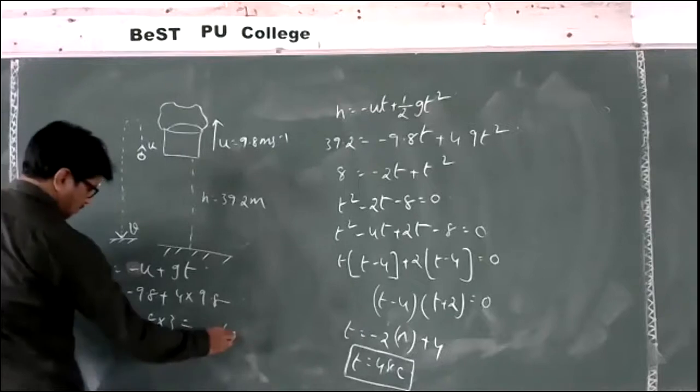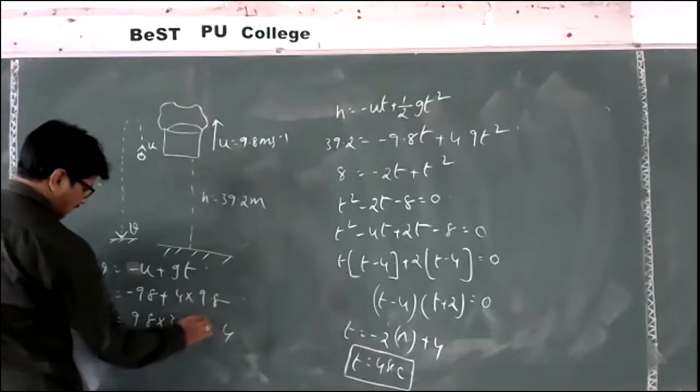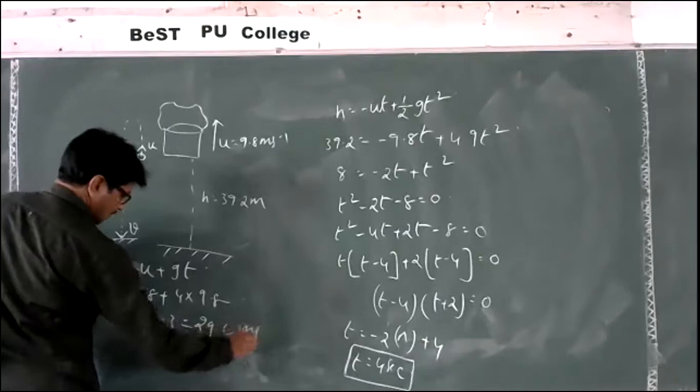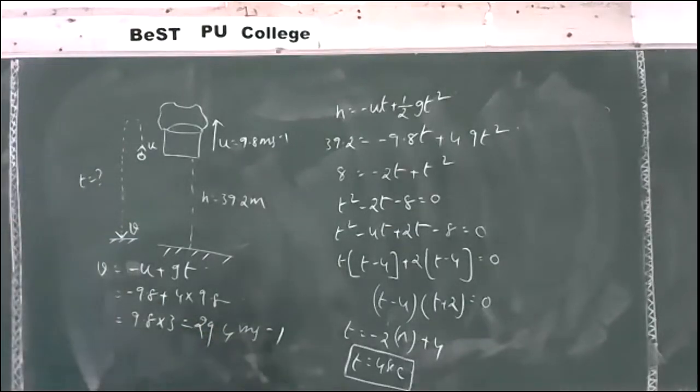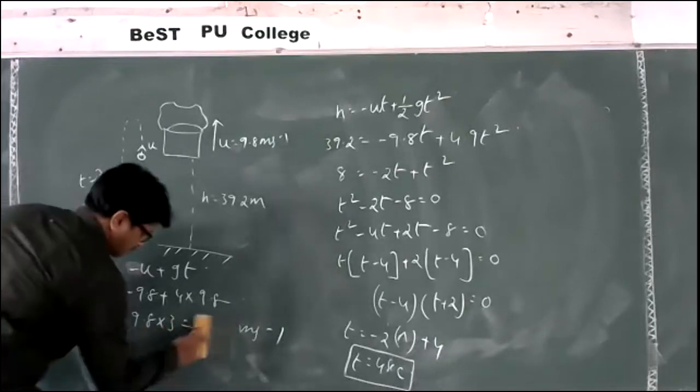So 3 times 9.8 is 29.4. So it hits the ground with a velocity of 29.4 meters per second.